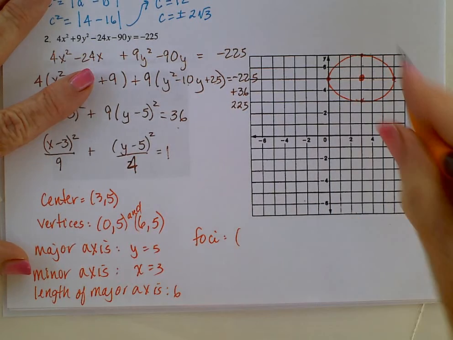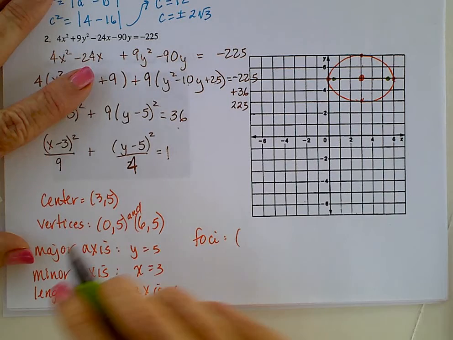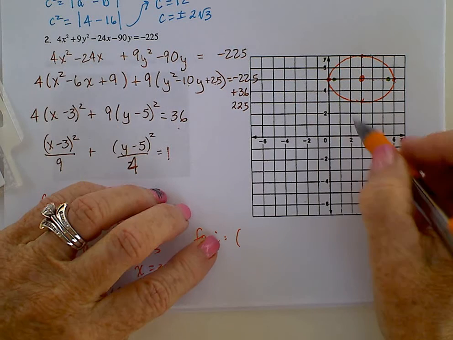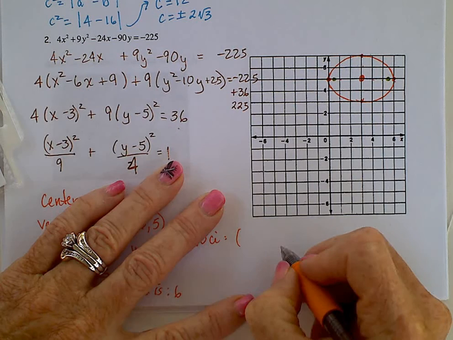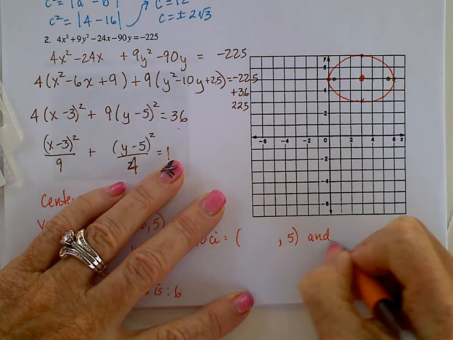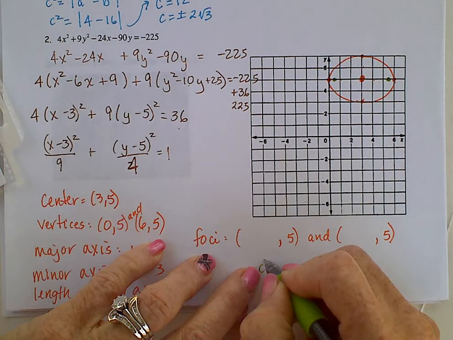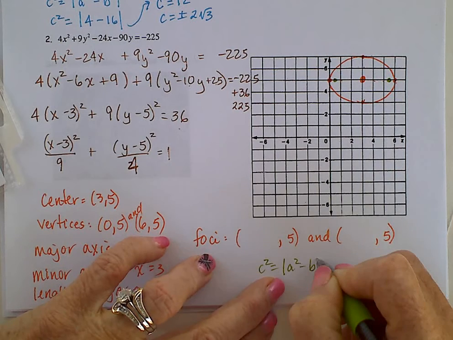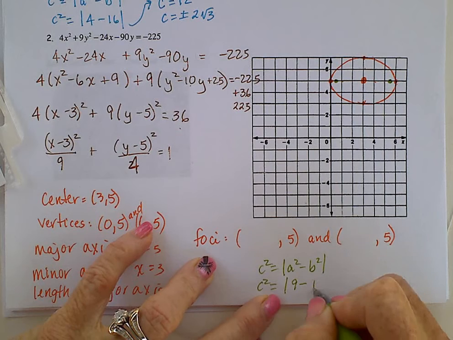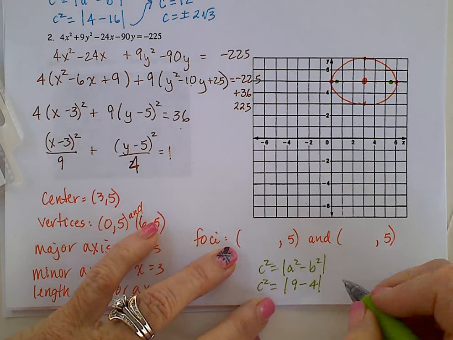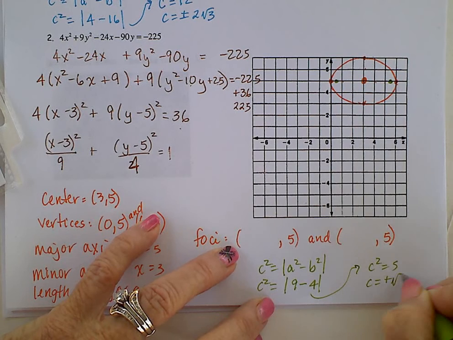And the foci. All right, the two foci, again, somewhere on this major axis, so right here, somewhere. Now this time we see that the y-coordinate is remaining constant for these two foci, and the y-coordinate is 5, so this is going to be something comma 5, and something comma 5. Running through that, c squared is the absolute value of a squared minus b squared. c squared is 9 minus 4, absolute value of that, so c squared is 5, which means c is plus or minus the square root of 5.